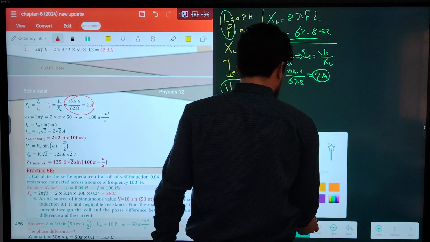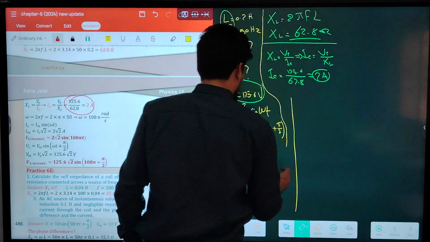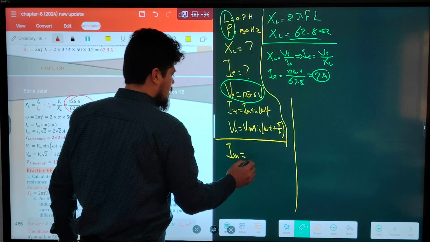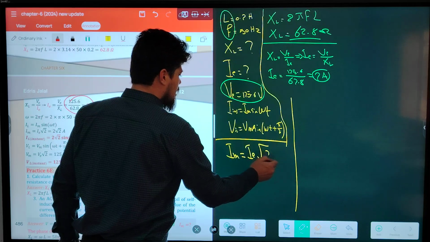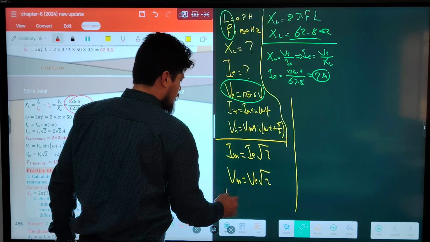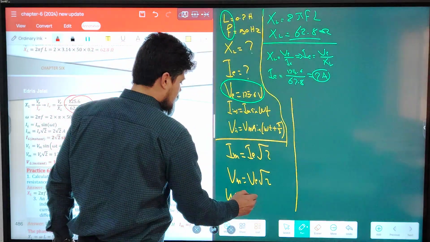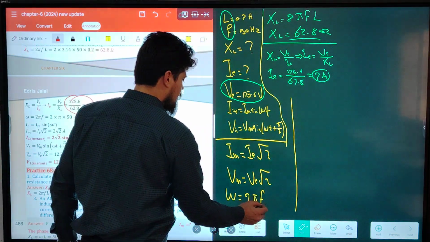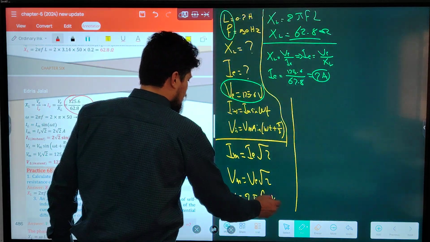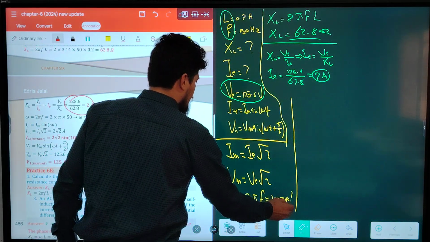So we have to find Im, which is equal to IE radical 2, and Vm, VE radical 2, and omega is 2 pi f. F is 50, so 100 pi rad per second.